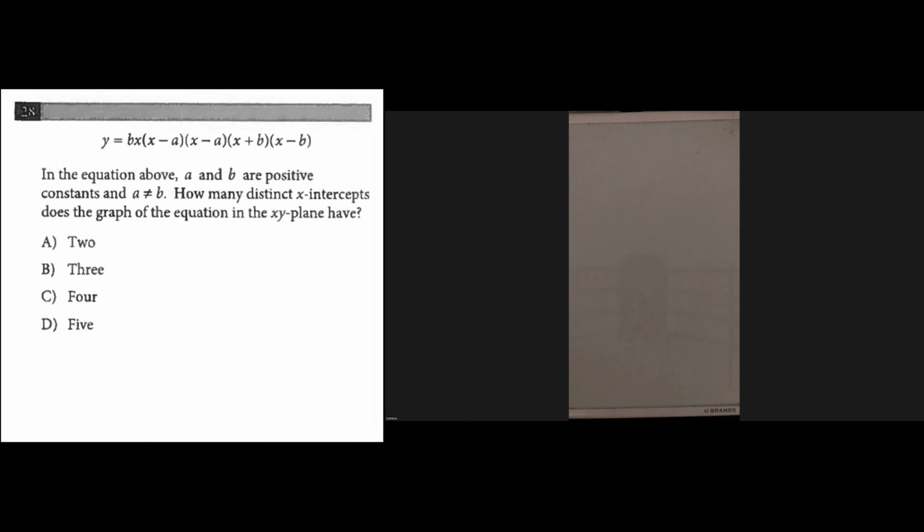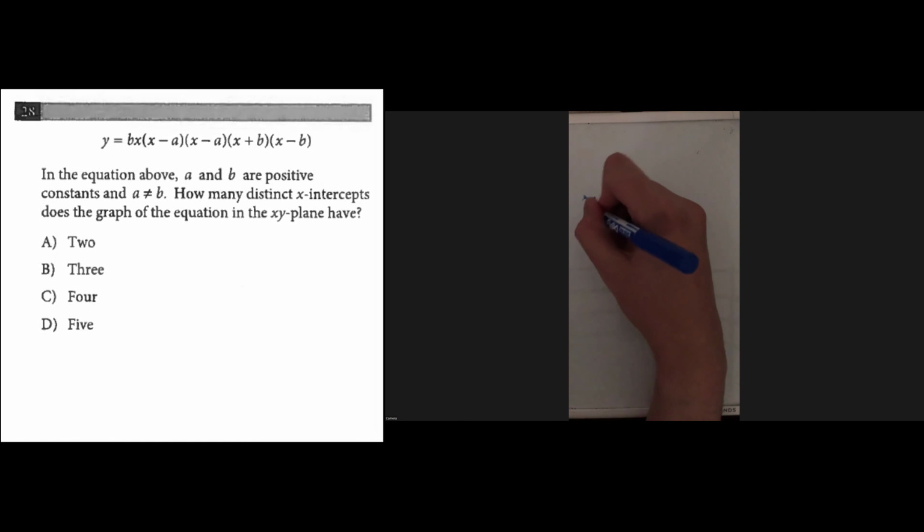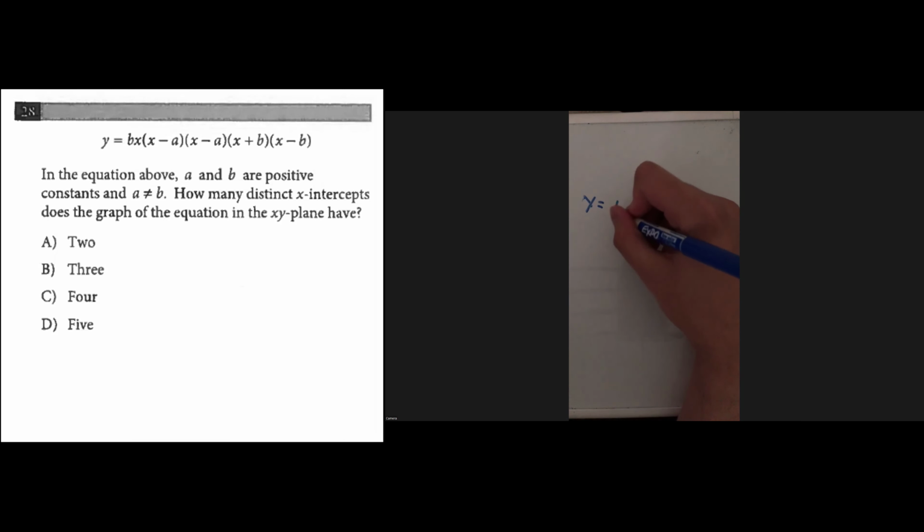Okay, so for this question, we're given that y is equal to bx times (x minus a) times (x minus a) times (x plus b) times (x minus b).